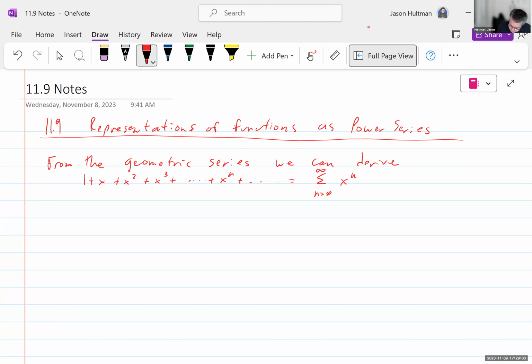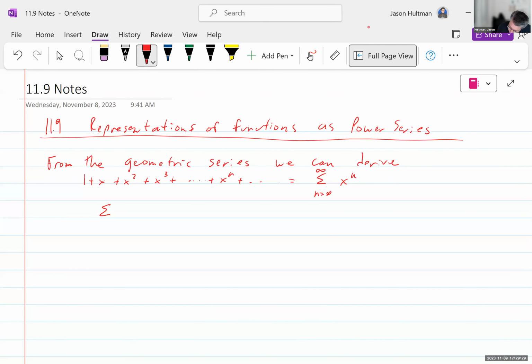Okay, and this guy here, it converges if the absolute value of x is less than 1, it converges. So this infinite series, I can write as a sum.